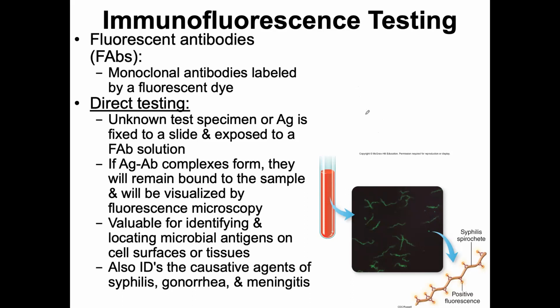And then we hit it with that laser, and the areas that have the antigen are going to glow because the antibody is going to stick to it. If the complexes form, they stay bound, right? And then we can see them through a microscope with a laser if we're looking at a slide, or with our naked eye if we're looking at a blot.